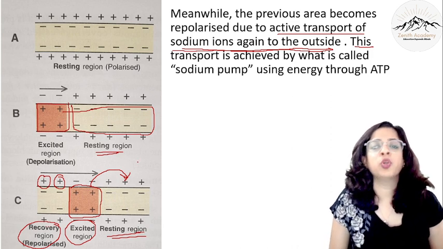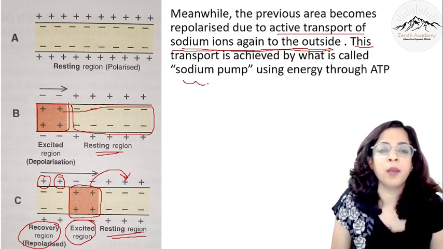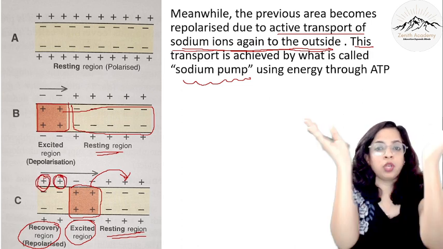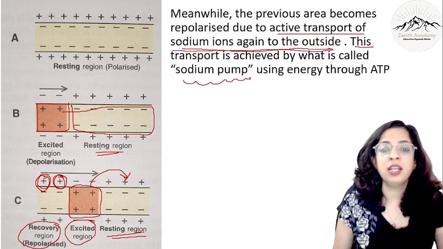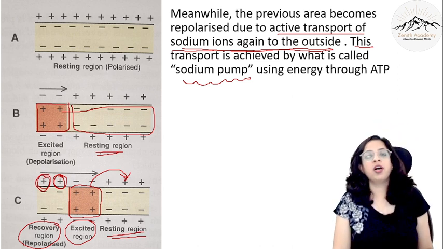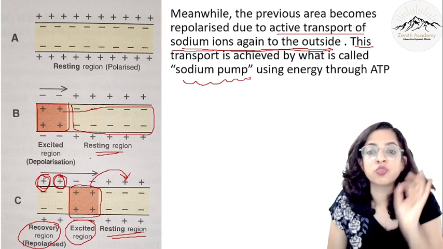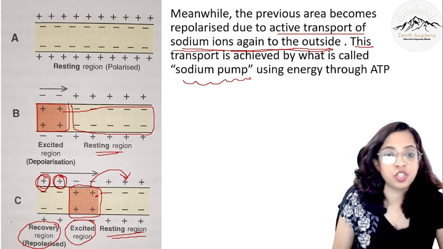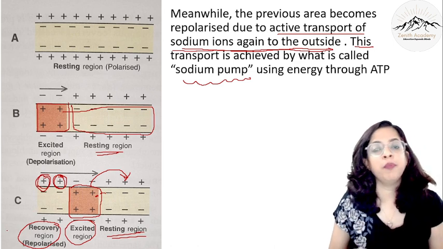This transport is achieved by what is called the sodium pump. Because of the sodium pump, this has become repolarized again, sodium has gone out again. The sodium pump works only by using adenosine triphosphate, that is, using energy through ATP. The sodium pump requires energy.